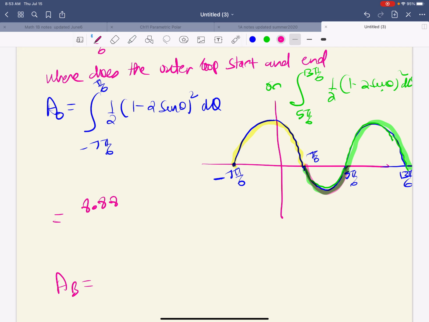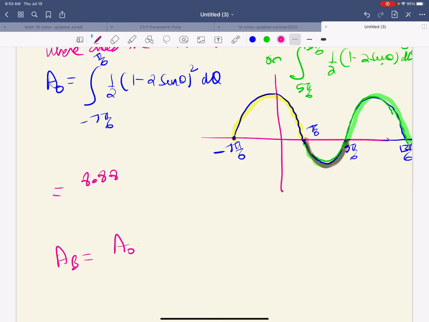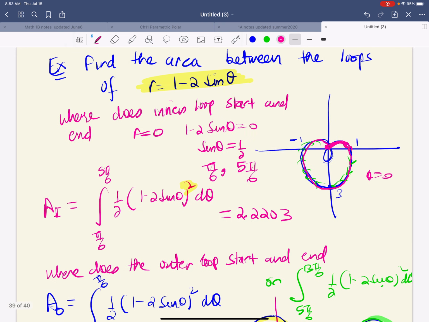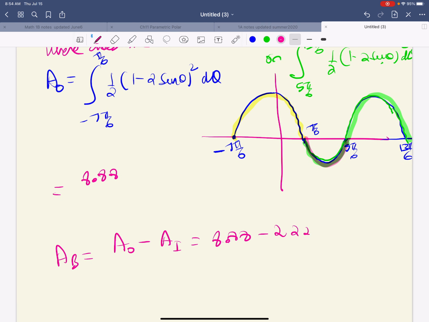So the area in between will be the area of the outer loop minus the area of the inner loop: 8.88 minus 2.22. What does that turn out to be? 8.88 minus 2.22 is going to be 6.66.